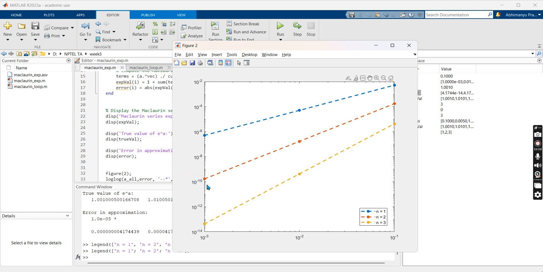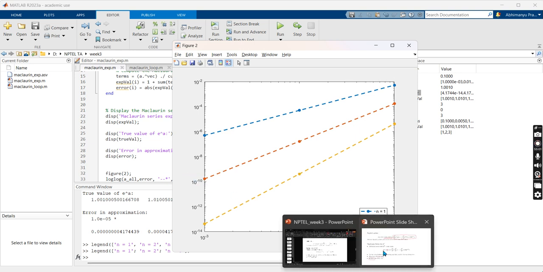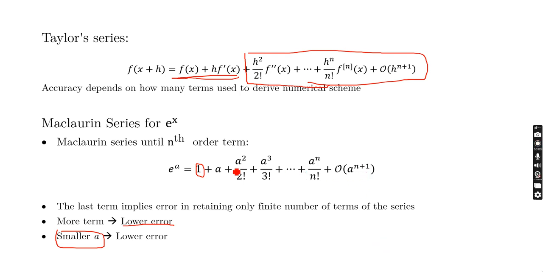Okay. Furthermore, if I go back to my PPT, my order of approximation is a to the power n plus 1, right? So on a log plot, this order changes, my slope should be n plus 1.